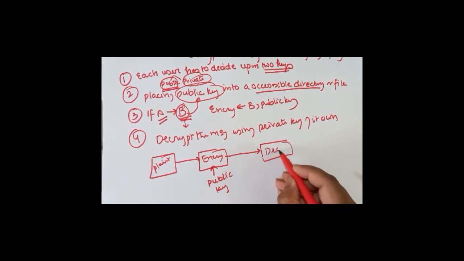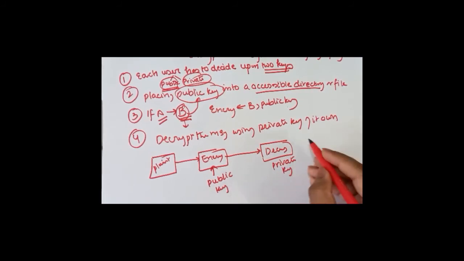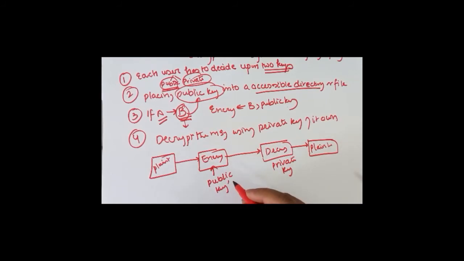And then decryption. In decryption, private key will be used. And only then you will be getting a plain text, right? And if this public key is of B, the private key will also be of B. Okay, so this is the entire methodology of asymmetric encryption technique, right?